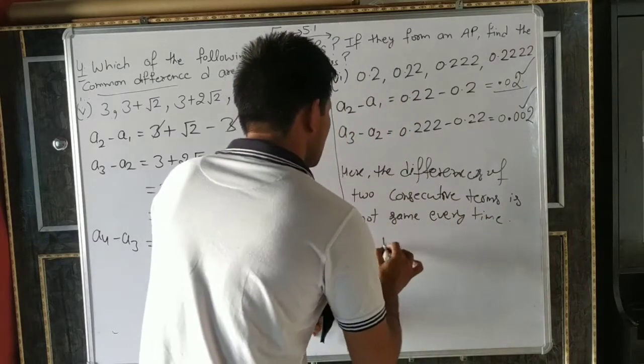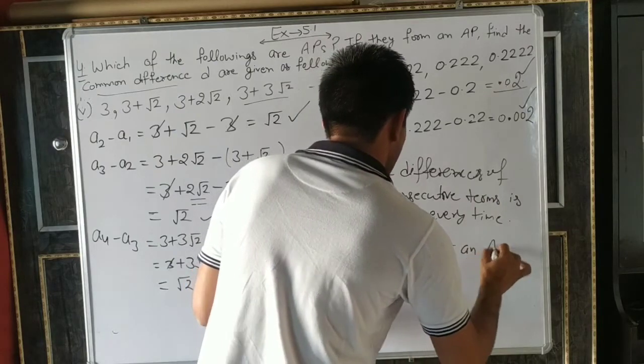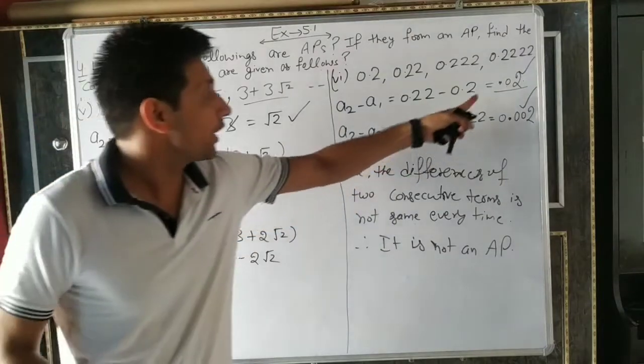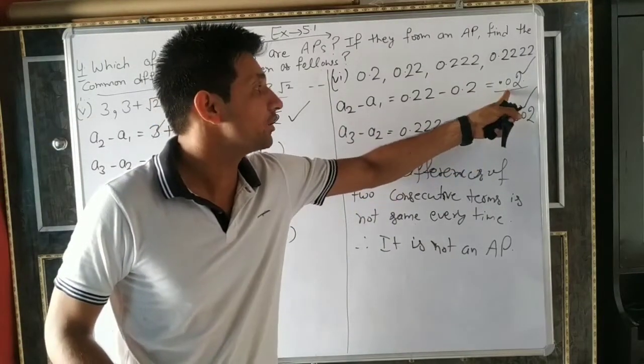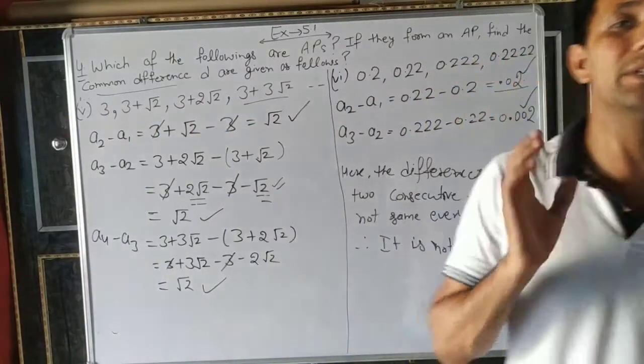Therefore it is not an AP. And if I ask you what is the common difference, none of them is the common difference, because common difference means in APs which is every time the same.